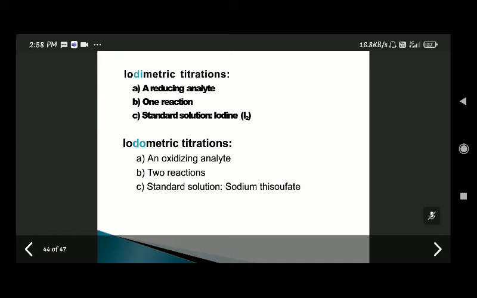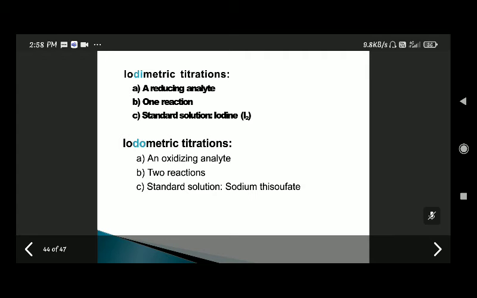So the equivalent mass of Mohr's salt is the molar mass divided by the number of electrons, which is 1. So it is the molecular mass itself. In the calculations, you have to use these values for equivalent weights.